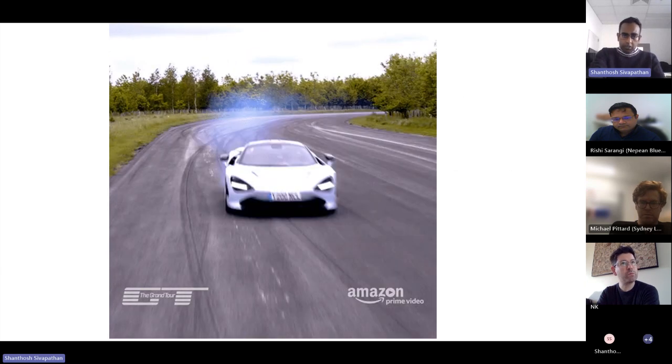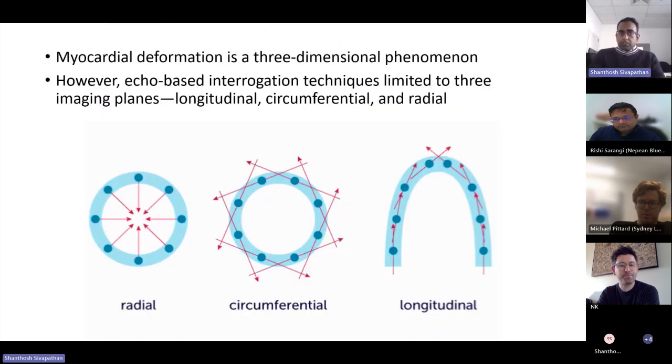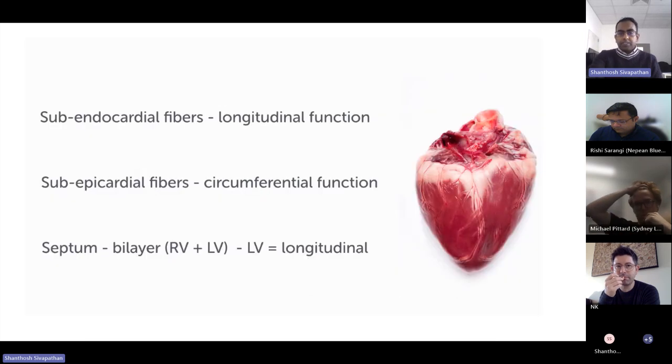So when we look at myocardial deformation, it is a phenomenon in 3D. You've got longitudinal deformation, circumferential deformation, and radial, in other words, the thickening and thinning of the myocardium. Now, the ejection fraction, when we do Simpson's biplane, doesn't account for this, but strain does.